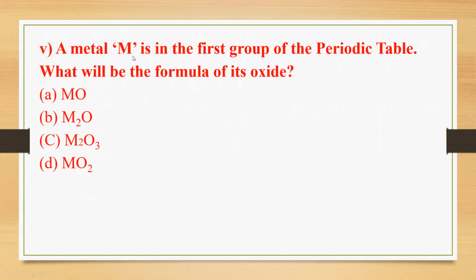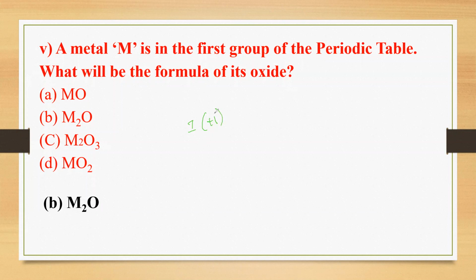A metal M is in the first group of the periodic table. What will be the formula of its oxide? Same way, according to the valency: here they are telling M is in the first group. First group elements show a valency of 1.